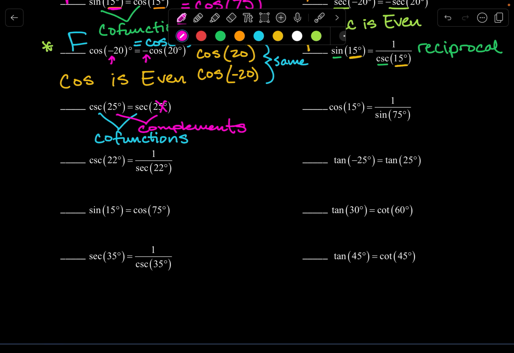And 25 is not the complement of 25. Those only add up to 50. And so the cosecant of 25 should equal the secant of 90 minus 25, which is 65. So this is false.